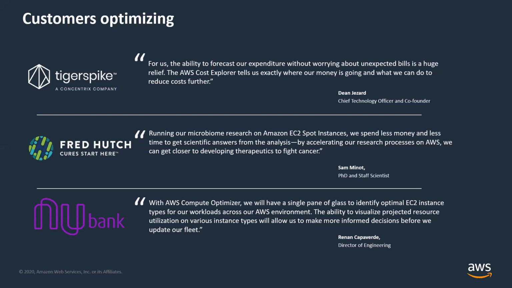Fred Hutch increased their access to compute by using Spot instances, and they were able to accelerate time to insight for cancer research. And last one is Nubank. They use this Cloud Optimizer, which I talked about, to make the most informed decisions about how to balance performance and cost when making updates to instances in their fleet.